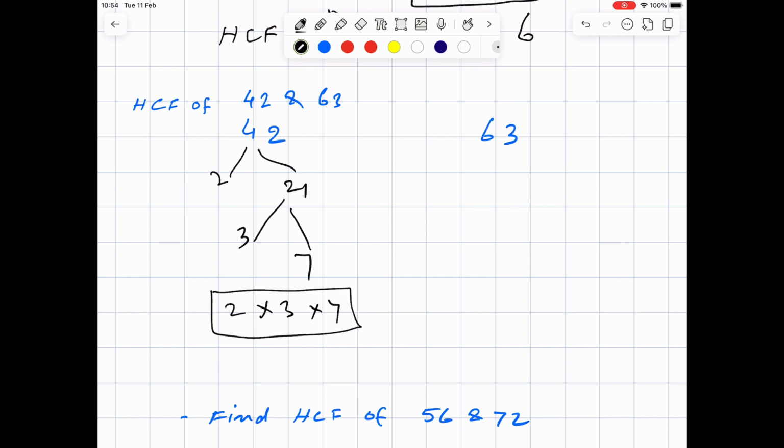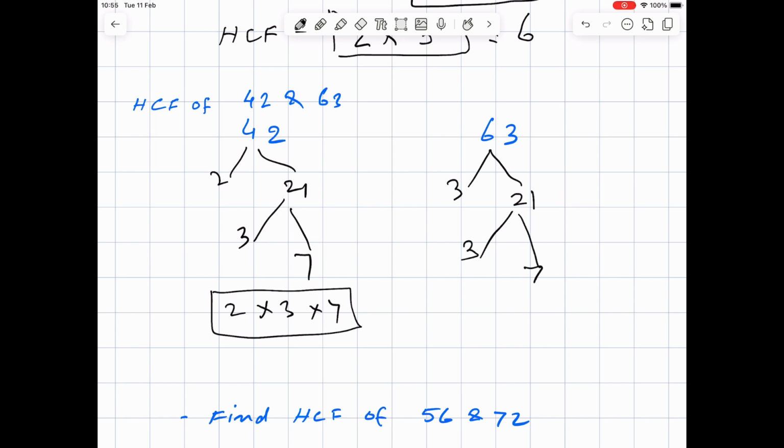And 63 is not an even number, so not 2, we'll divide by 3, which will give us 21. 21 further divided by 3 will give us 7. So the prime factors of 63 are 3 squared times 7.